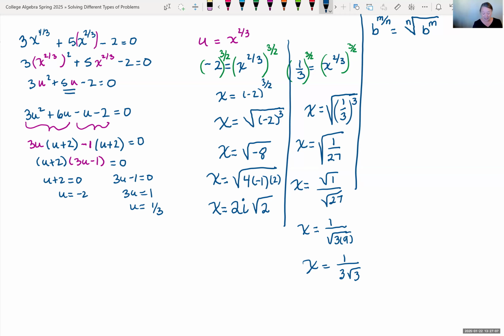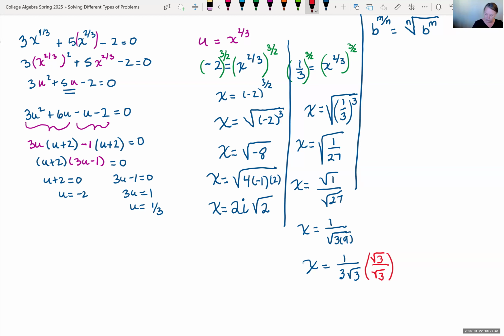I'm not going to leave it like that, just because a lot of times we don't like radicals in that denominator, and just to get used to getting rid of radicals in the denominator, which you'll be doing a lot, especially when you're in trig, we can rationalize that denominator. So you're basically thinking about what you can multiply by, a fancy one. In my case, what can I multiply square root of 3 by to make it a perfect square underneath that radical? Well, in order to multiply underneath the radical, they both have to have a radical.